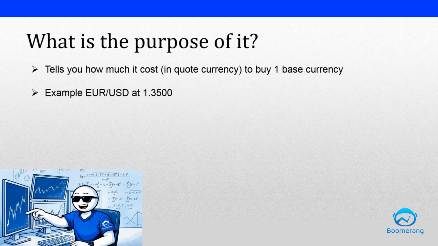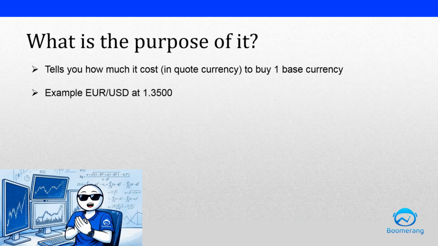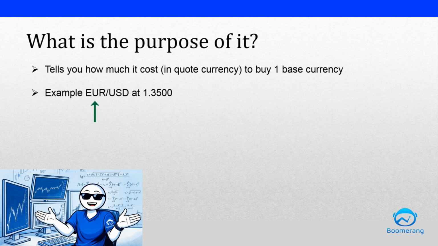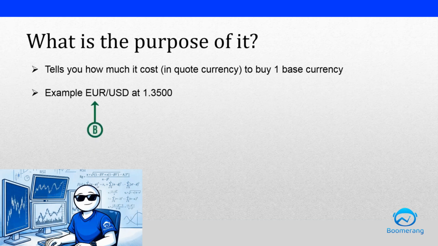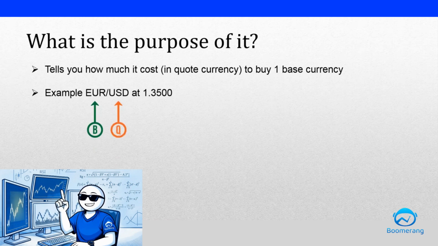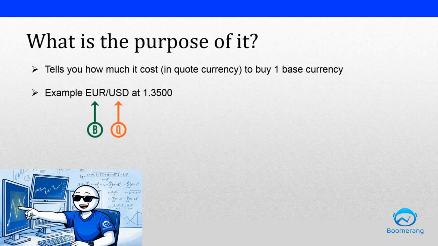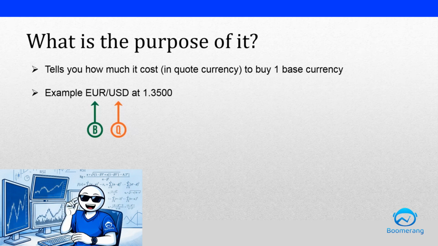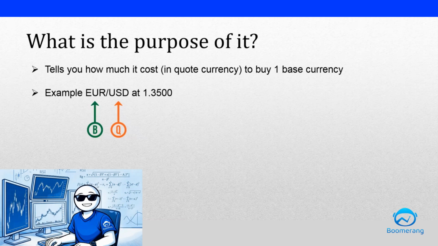The euro is the base currency, let's call it B for base, and the dollar is the code currency. This tells you how much it costs in code currency to buy one base currency.